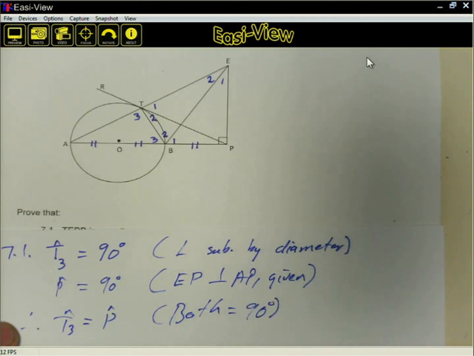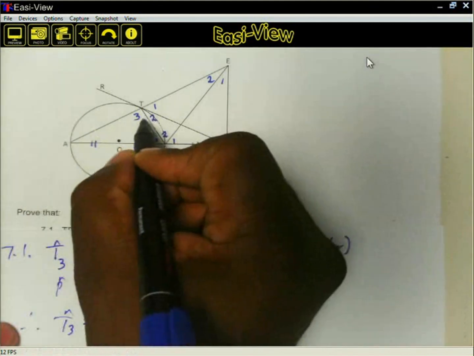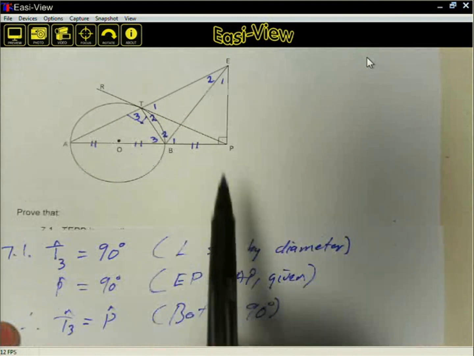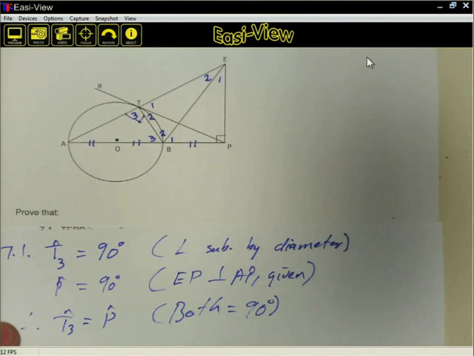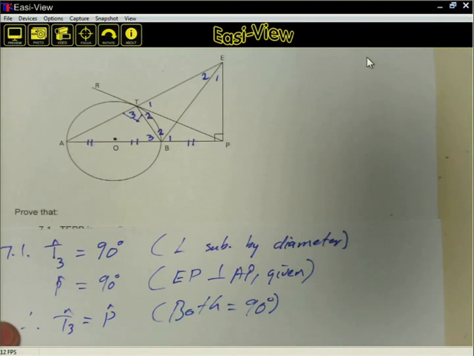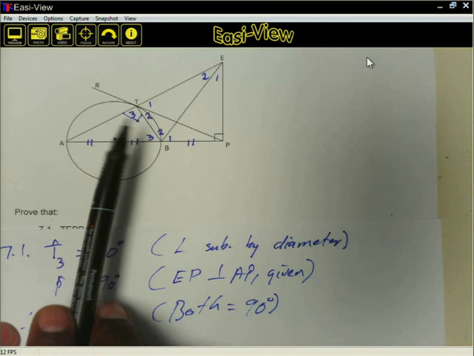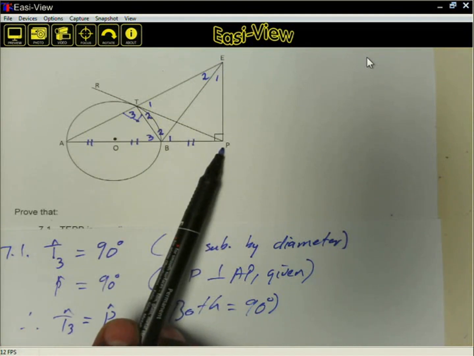If this angle is 90 here, let's mark it. You look at P. What is the relationship between T3 and angle P? With respect to TEPB, T3 becomes an exterior angle and angle P becomes the interior opposite angle.